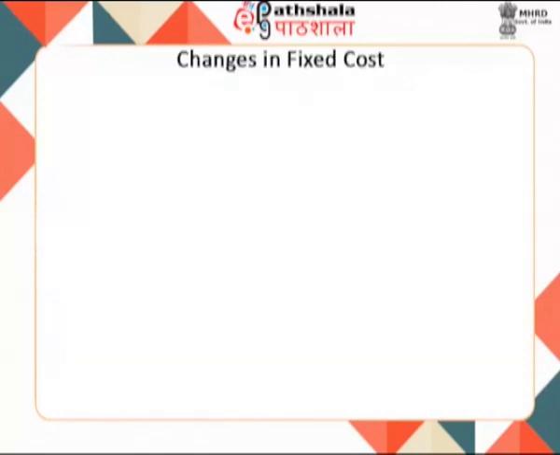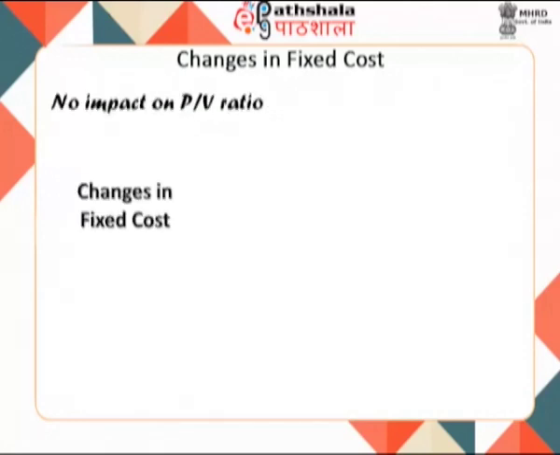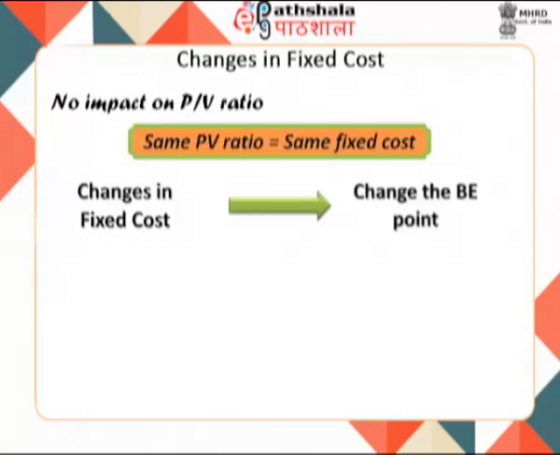Changes in fixed cost. Increase or decrease in fixed cost does not have any impact on PV ratio, but they change the break-even point. With the same PV ratio, the rate of fixed cost recovery remains the same. If fixed costs are increased, the break-even point in terms of break-even volume is higher.